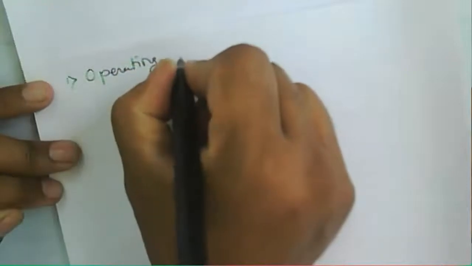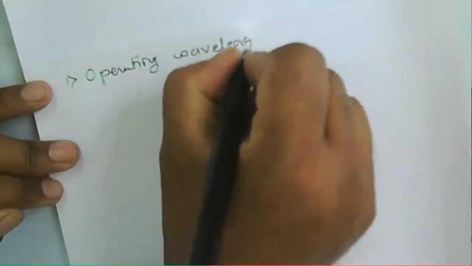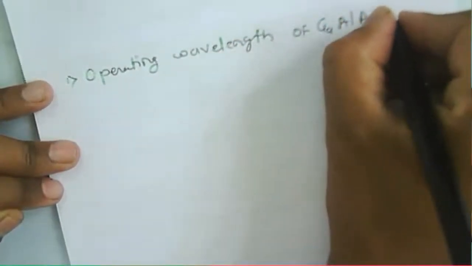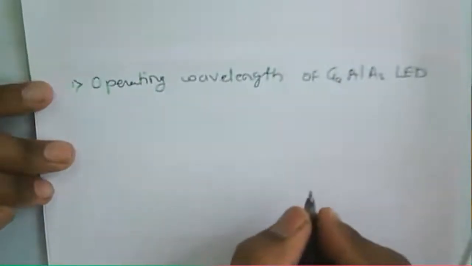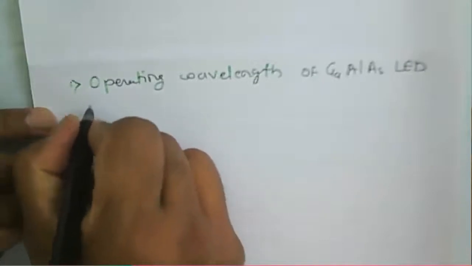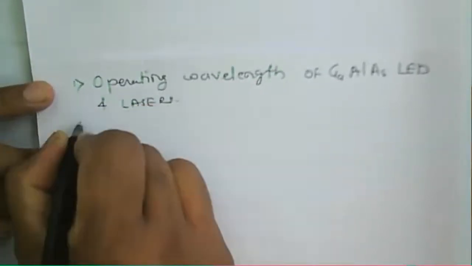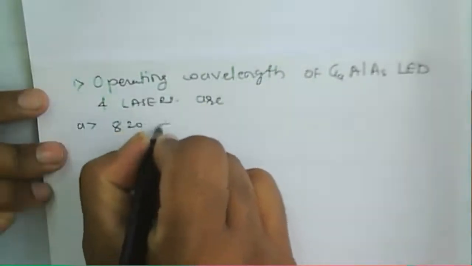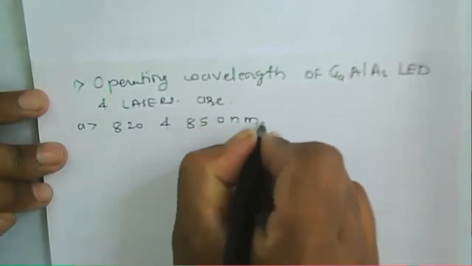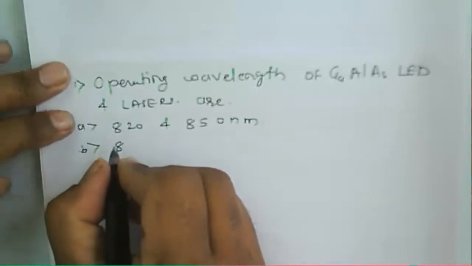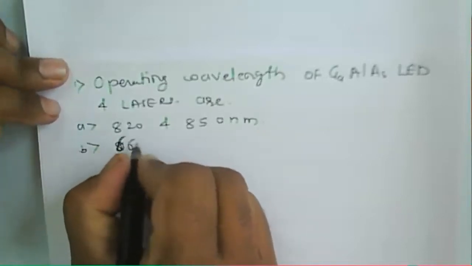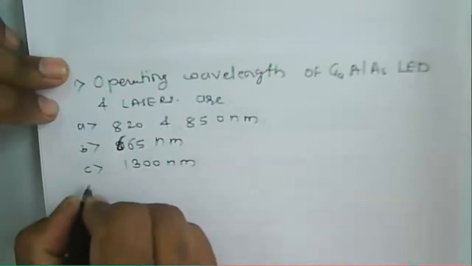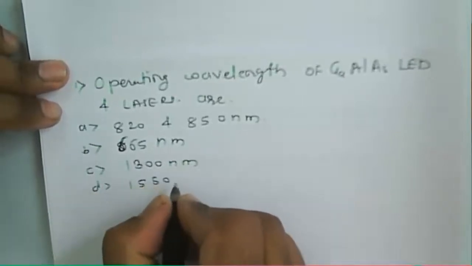Now, operating wavelength of gallium arsenide light emitting diode LED and lasers are: A, 820 and 850 nanometer; B, 665 nanometer; C, 1300 nanometer; and D, 1550 nanometer.